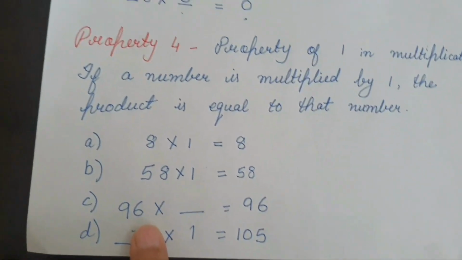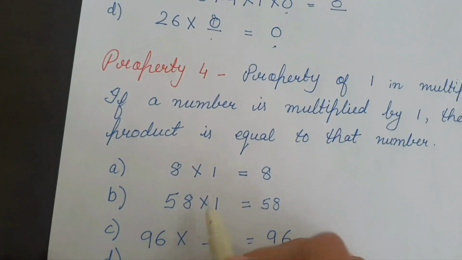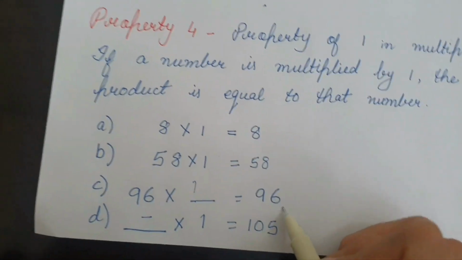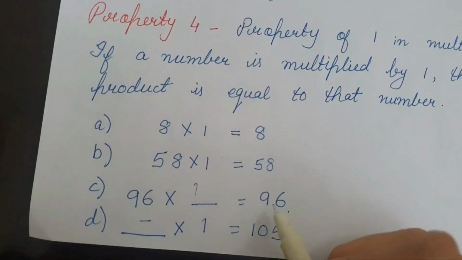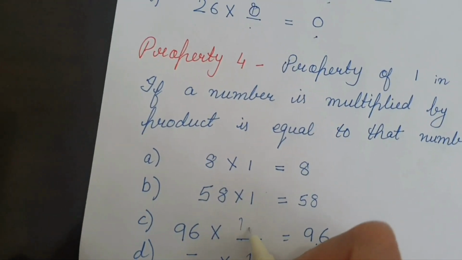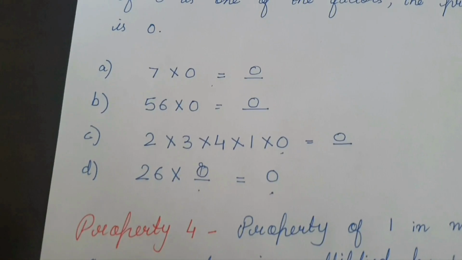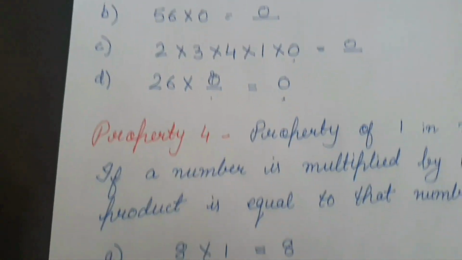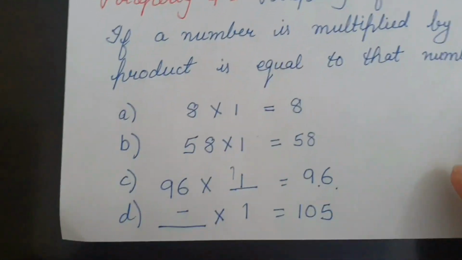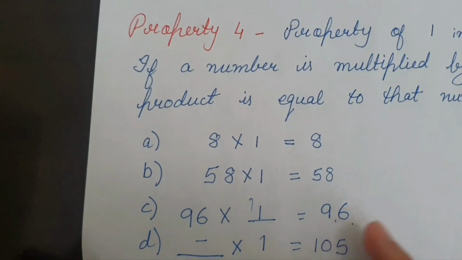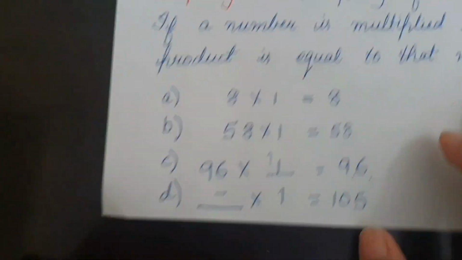Now see here, in this filling the blank, 96 is multiplied with some number which we don't know, and your answer is coming same. That means if your answer is coming same, you are multiplying it with 1. And similarly, if your answer is coming 0, that means you are multiplying that number with 0. Now let us see the last one. Dash multiplied by 1 is equal to 105.